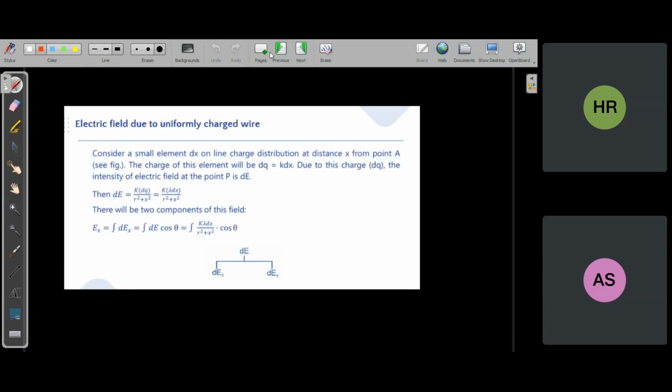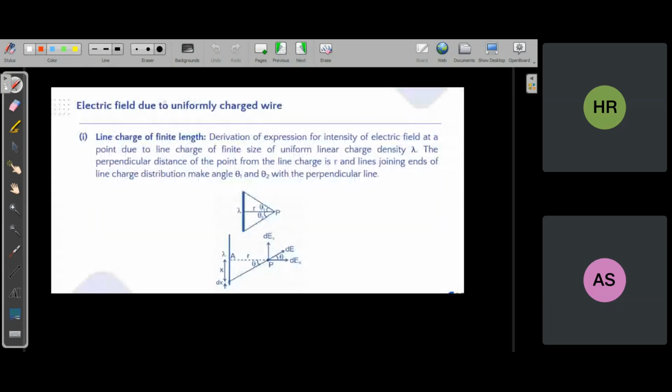See here, in case of finite wire, first thing you have to do is you drop a perpendicular from the point to the wire. And then you join the point with the ends of the wire. This you will do in case of finite wire.